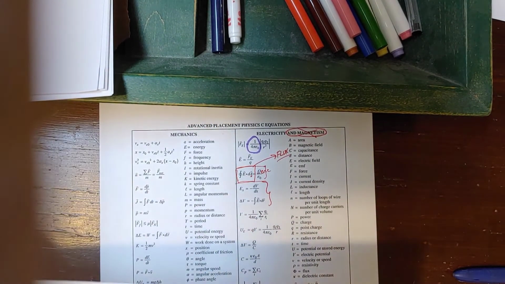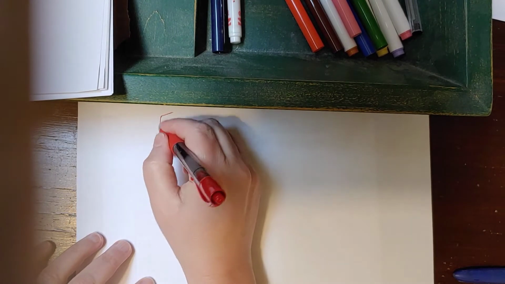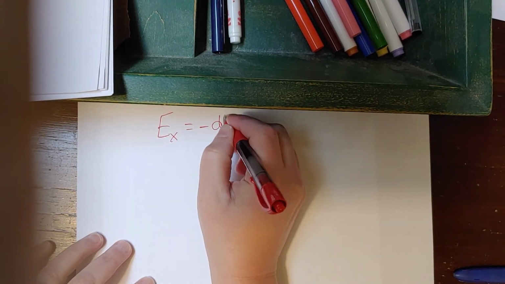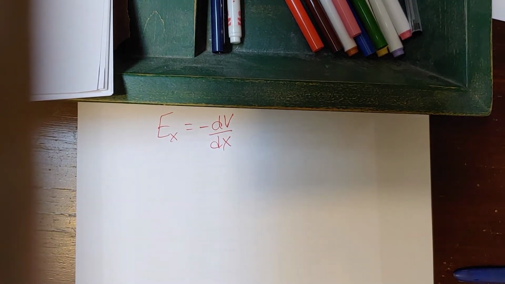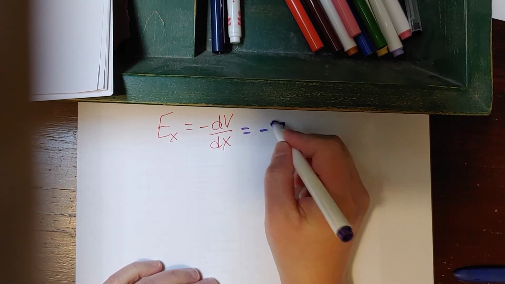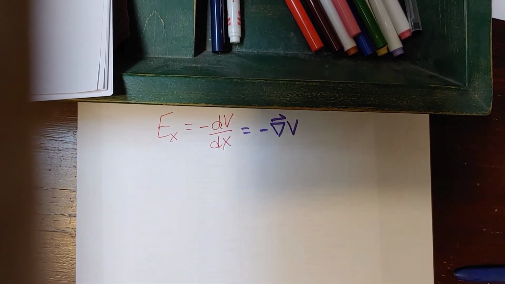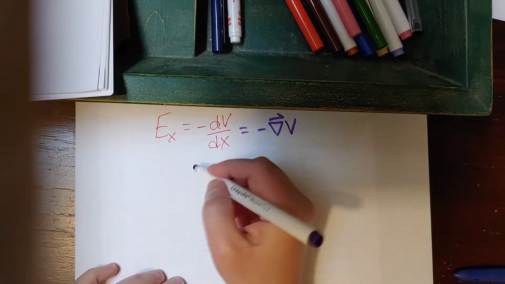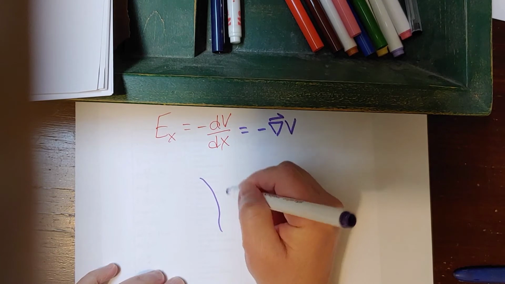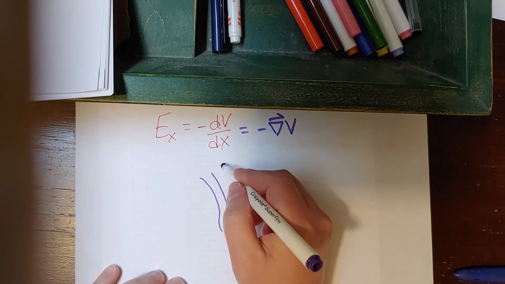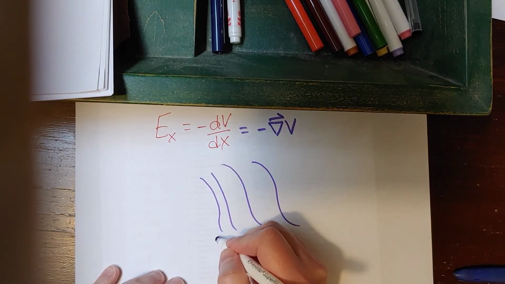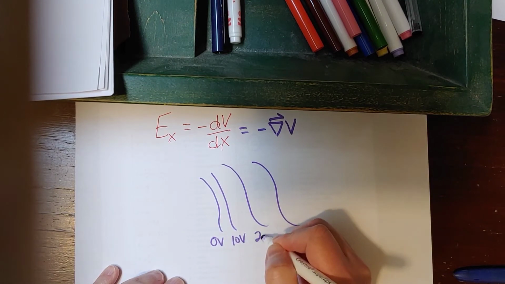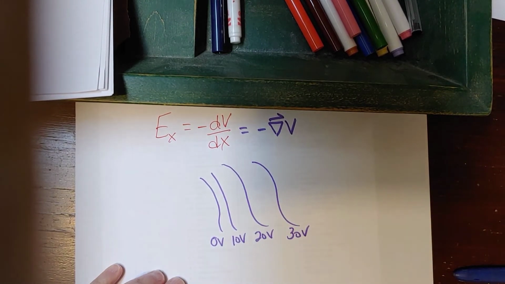Let's look at this first one. E_x is negative dV/dx. So when you go on in physics, you will realize that this is really something called a gradient, which gives you the vector quality to the E_x. But basically, it tells you, let's say I have 0 volts, 10 volts, 20 volts, 30 volts.